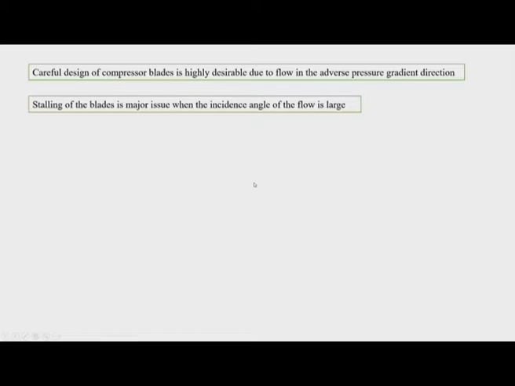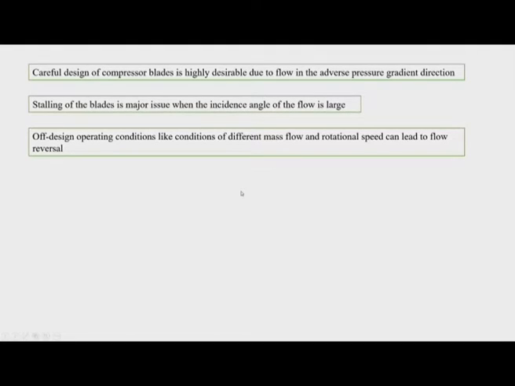Basically, the problem that an adverse pressure gradient would lead to is the stalling of the blades, which are the specific cases where the flow will impinge onto the blade at higher relative angles. So this would lead to stalling of the blades, and that may lead to flow separation.